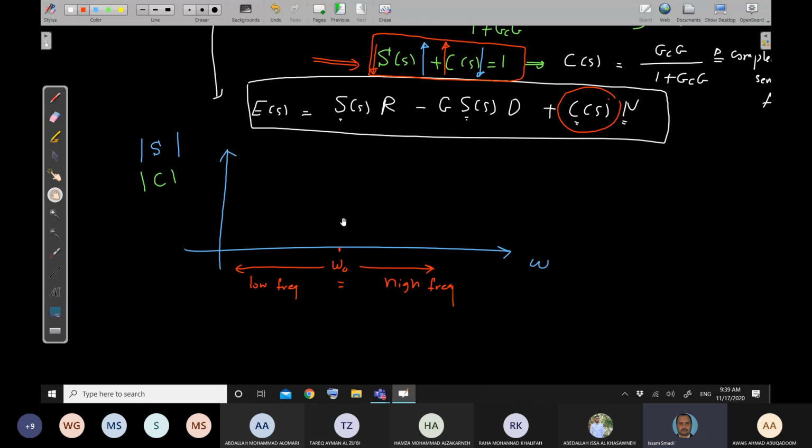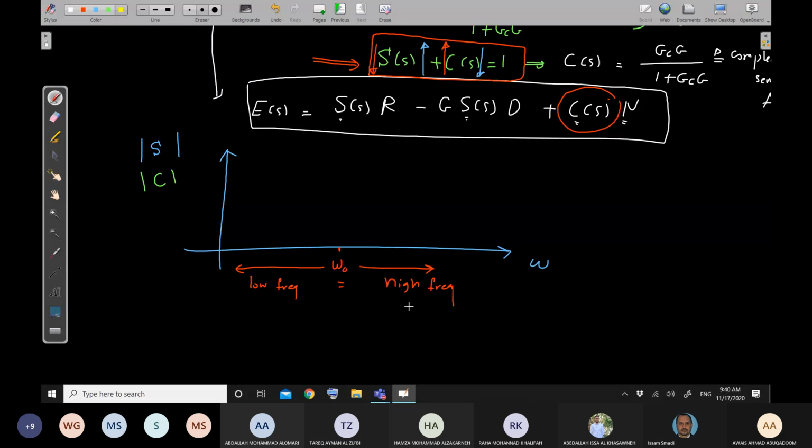Now, let's see how many inputs I have. I have the disturbance, the noise, and my input. Now, is the disturbance characterized in the low frequency region or the high frequency region? First, do you know the meaning of disturbance? It's an unwanted input.